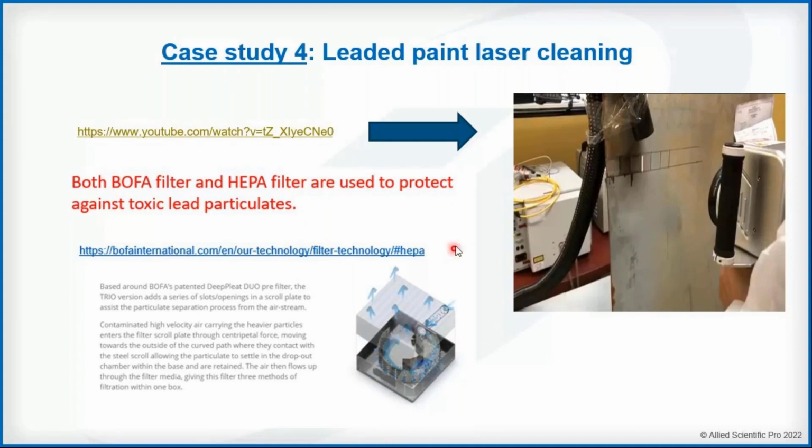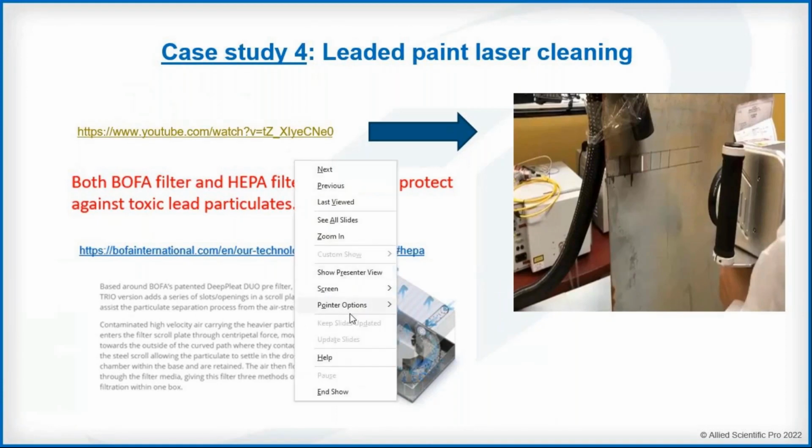The heavy particles that are ablated enter this, and they are taken away by these scrolls due to centripetal force. They drop into the compartments, and then the rest of the air is pushed towards the HEPA filter and is filtered there. So this is a two-stage filter, and just the HEPA filter is not sufficient for cleaning lead. Here I'm going to show you the video of cleaning the lead.